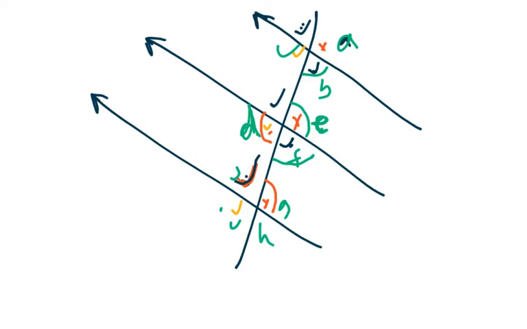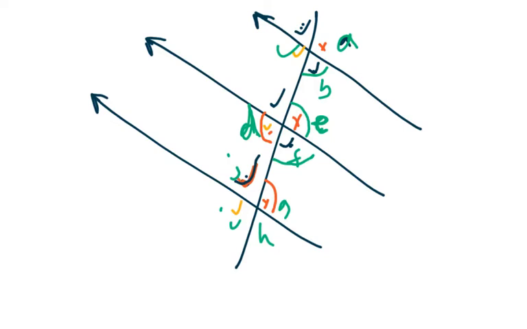We might also be asked, why is angle J equal to angle B, for instance?